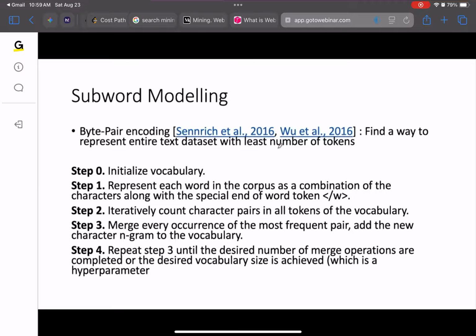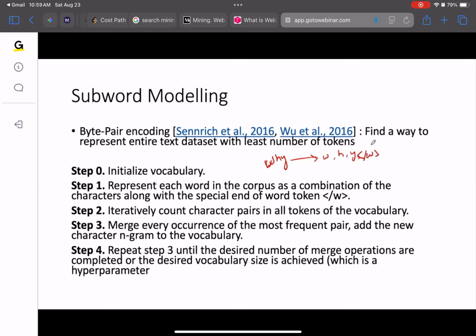For example, let's say you have a word called why. We represent this word in terms of the characters or the subwords which we have in the vocabulary. Initially, since our vocabulary contains only characters, the word why is considered as w, h, y, and along with that we also append an end token.